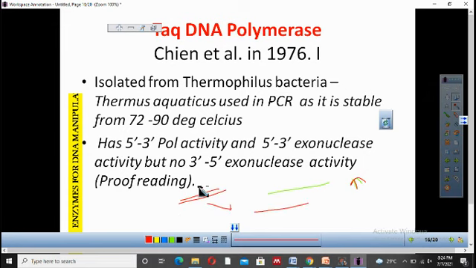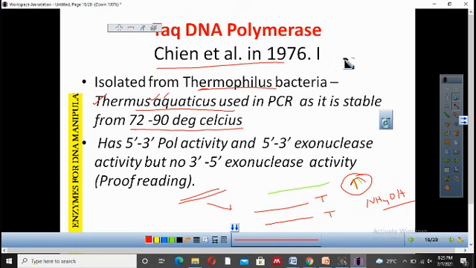This was discovered by Chien et al. in 1976, and it was isolated from the thermophilic bacterium Thermus aquaticus, hence the name Taq polymerase. This enzyme is stable at 70 to 90 degrees Celsius.